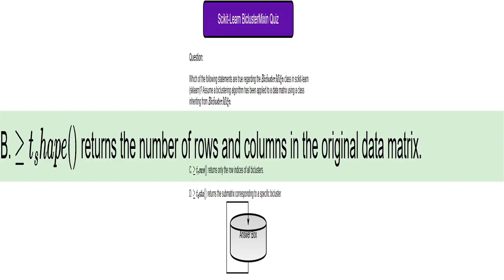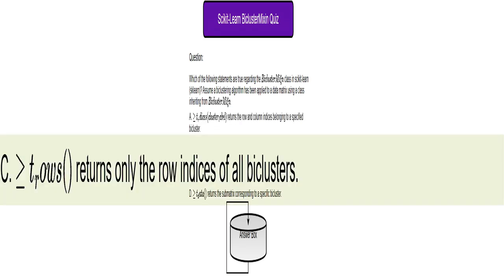This option claims _get_rows gives us all the row indices for all biclusters in one go. It's important to check the documentation to see if this returns all rows across all biclusters or if it only focuses on one bicluster at a time based on the input. The _get_data method is supposed to give us the actual data within a specific bicluster as a smaller matrix.